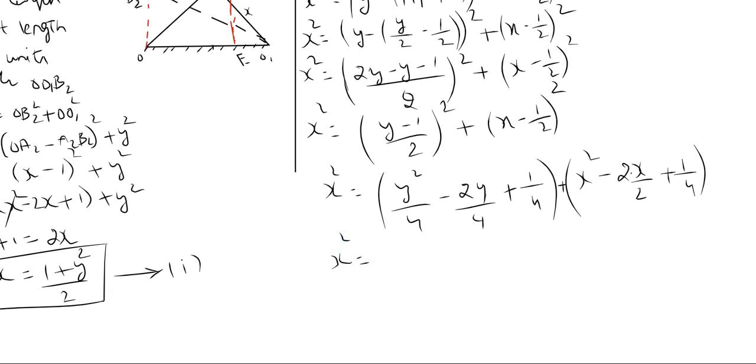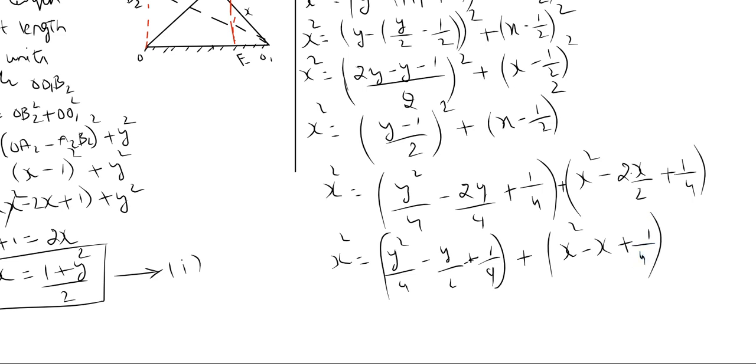Now write this clearly. This will become y square by 4. This will be y minus y by 2 plus, here also you will get x square minus x plus 1 by 4.